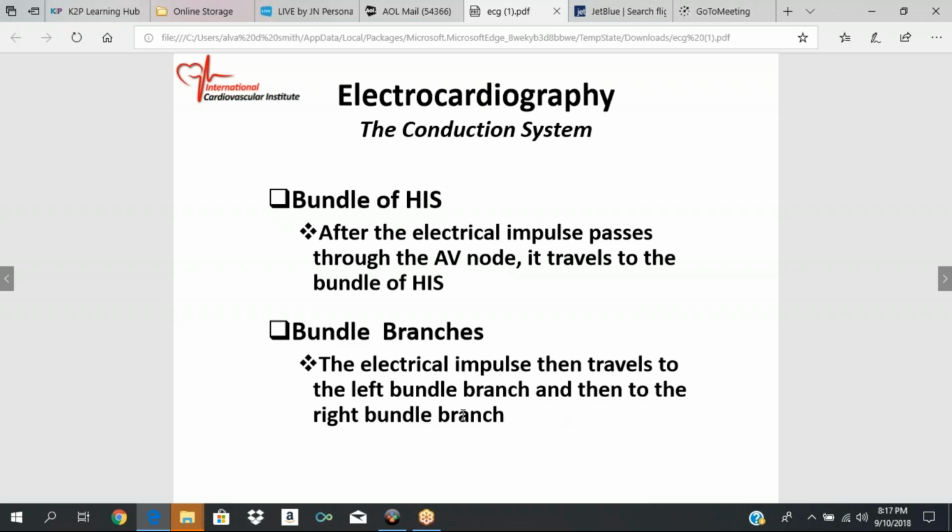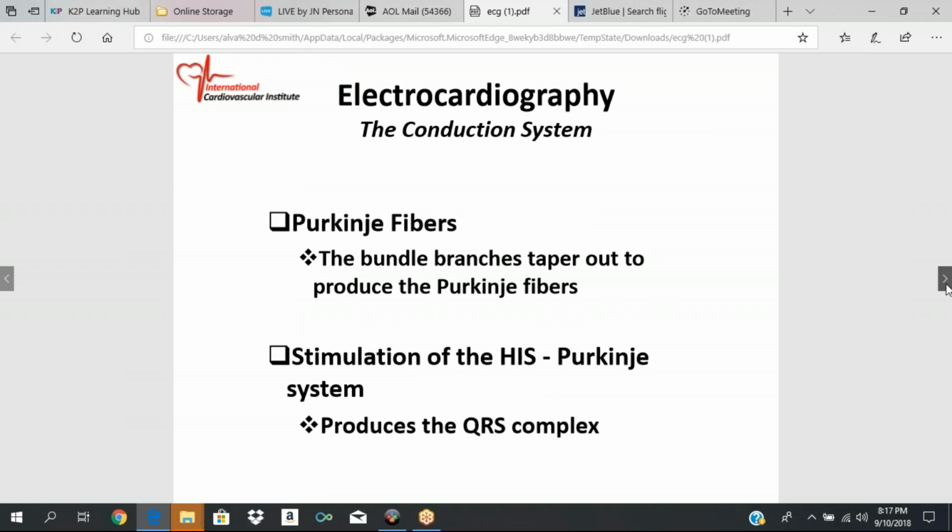Again, the left bundle branch has two fascicles, a left anterior fascicle and a left posterior fascicle. Once it gets into the muscle, it further divides into what we call Purkinje fibers. So the bundle branches taper out to produce the Purkinje fibers, which are specialized conduction tissues.